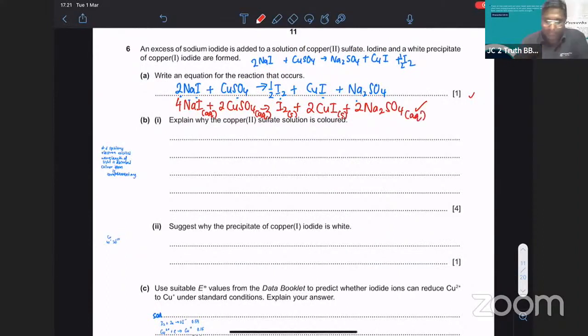Now explain why copper 2 sulfate solution is colored. Copper 2 is actually a transition element. The reason why copper 2 is colored is because there is going to be d orbital splitting.